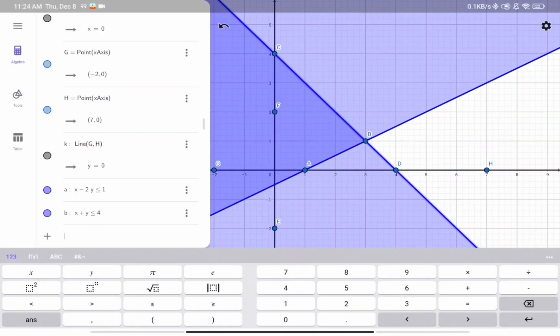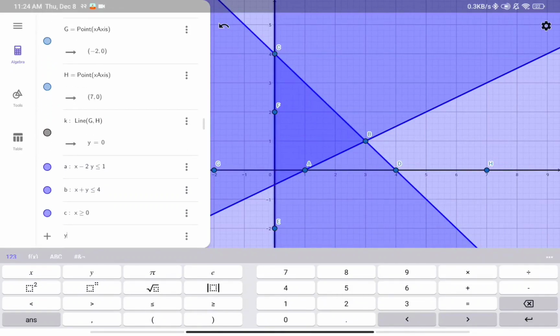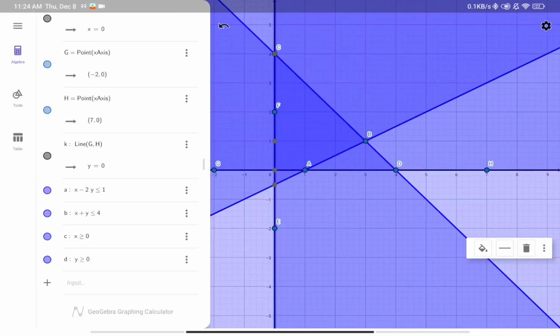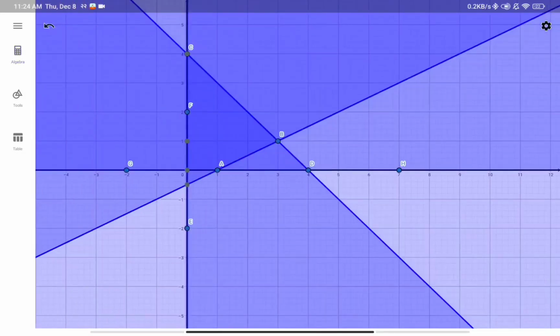The next inequality is x greater than or equal to 0, and that is our y-axis, and x greater than 0 simply means the right side of the y-axis. Another one is y greater than 0, which means the region upwards from the x-axis. So we have all 4 inequalities and we have shaded all the regions.